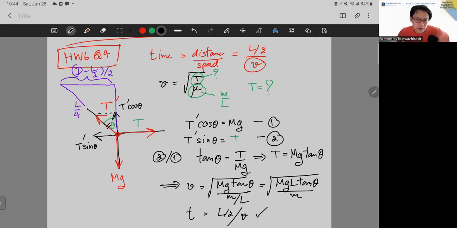So is it good? Does this help? The key point is still to figure out the tension, because everything else, the problem already gave you the information: the mass of the string, the length of the whole string, the distance between walls, the hanging mass capital M, the value of g. Everything is already known.